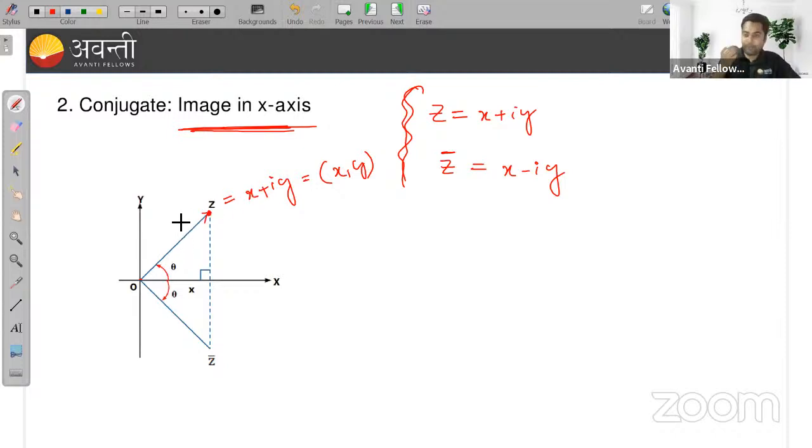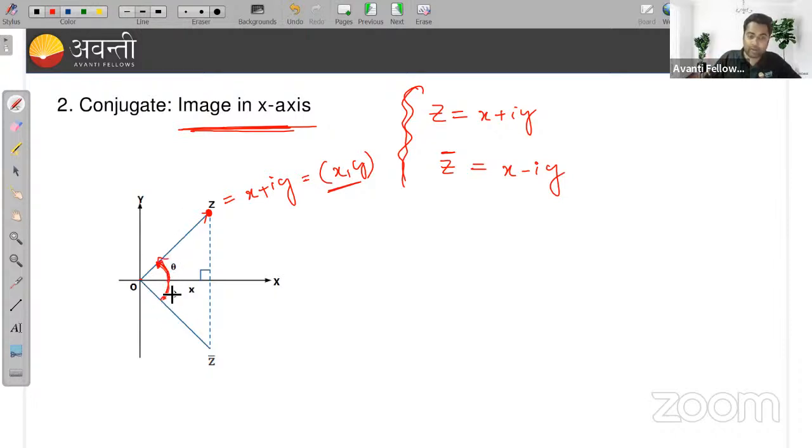So if I ask you to find the image of this point Z in the x-axis, and the vector of this complex number makes an angle theta with the x-axis, then the conjugate of Z will be making an angle with the x-axis in the clockwise direction.